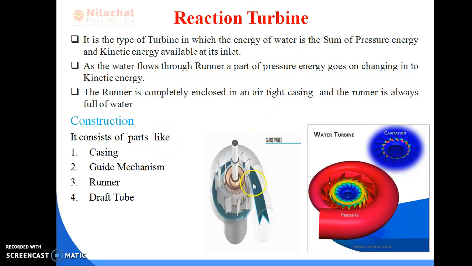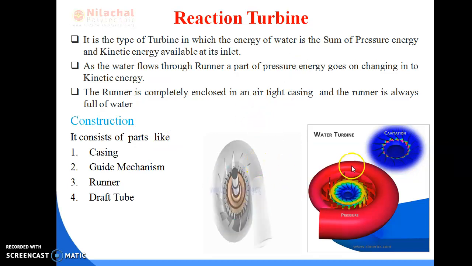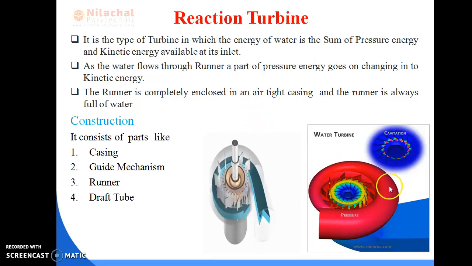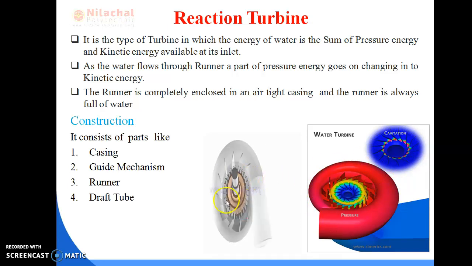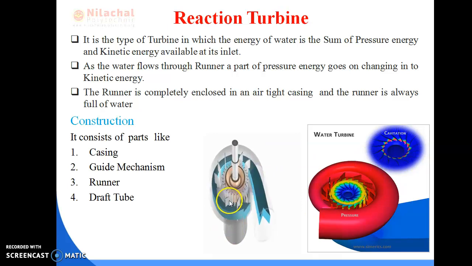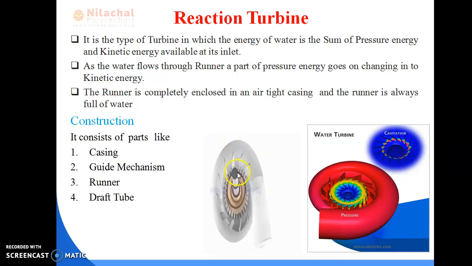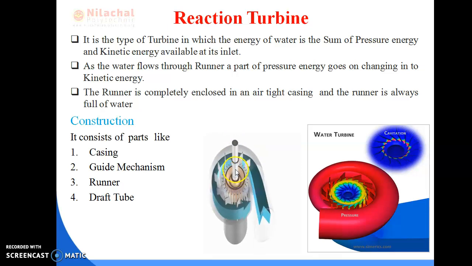As shown in the animations, we have seen that the casing of the reaction turbine is of spiral shape. These bigger blades are known as the guide blade mechanism. The circular part is known as the shaft of the turbine unit. The yellow color portion is known as the runner, over which blades are mounted.